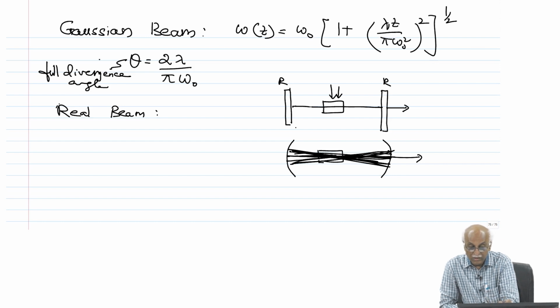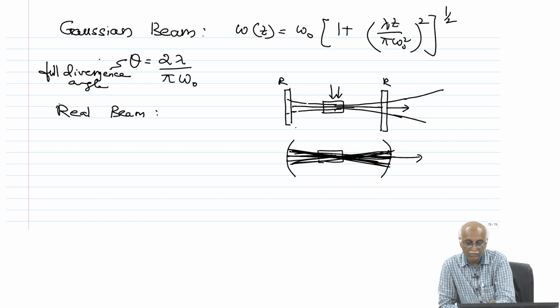Over here if amplification starts, the laser will start, and theoretically you can consider this as a cavity, and the laser beam will propagate like this, with a Gaussian beam theoretically. But over here there is one beam in this direction, another beam in this direction.